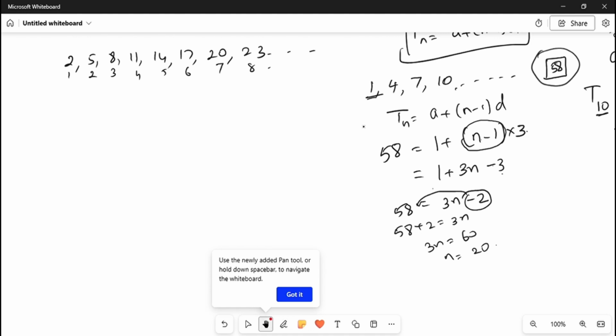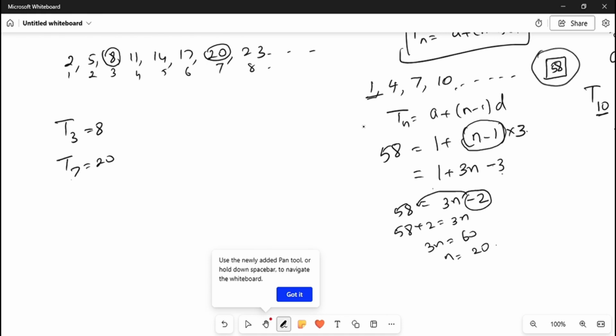Now, in the exam, they will not give you this pattern, but they will give, for example, the third term, T3 is 8, and the seventh term, T7 is 20. Without giving the number pattern, T3 and T7 are given.